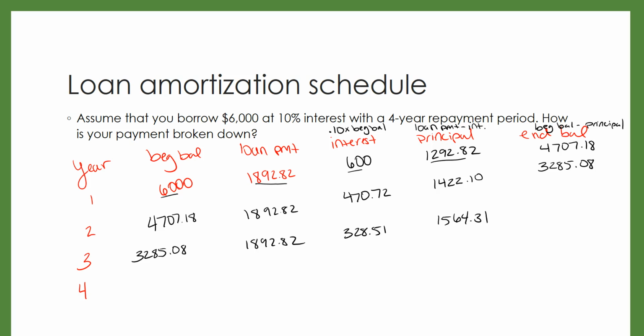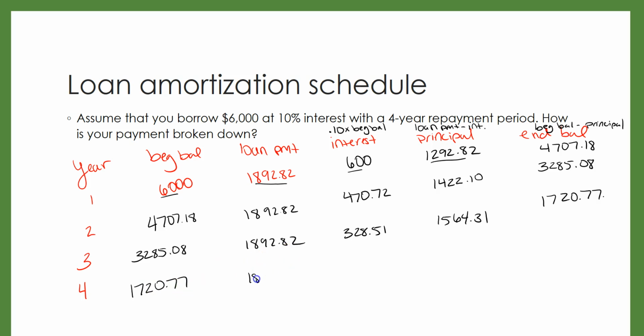Our ending balance then is our beginning balance minus that amount that went towards principal. So $3,285 minus $1,564, and that gives us $1,720.77. That is our beginning balance for year 4.